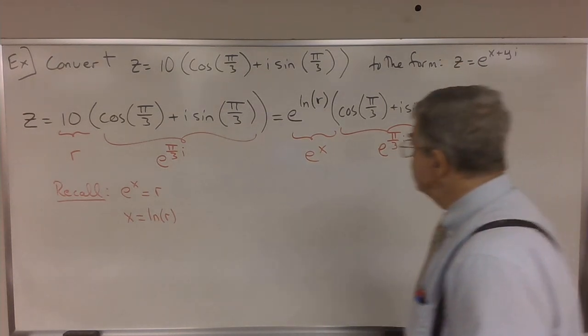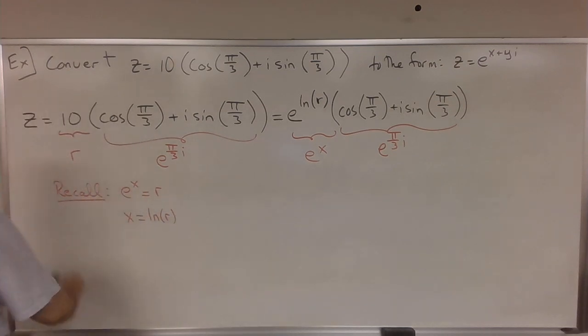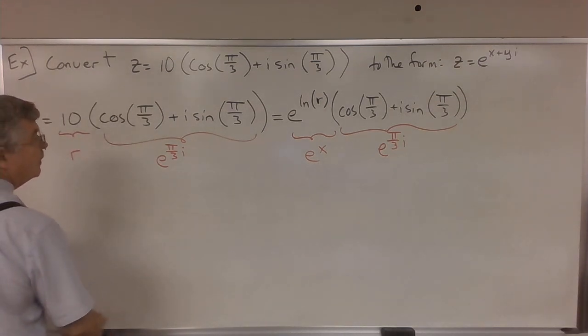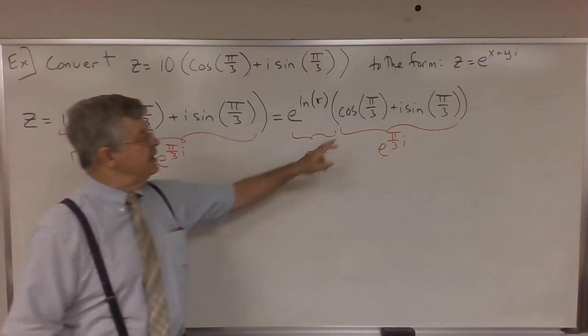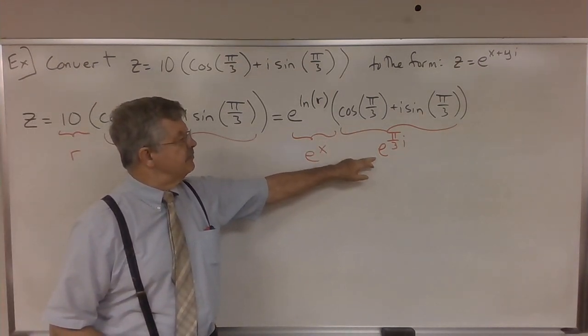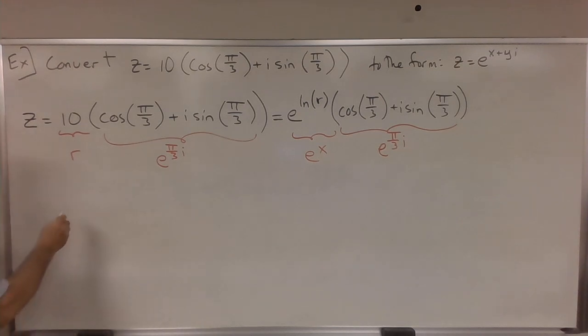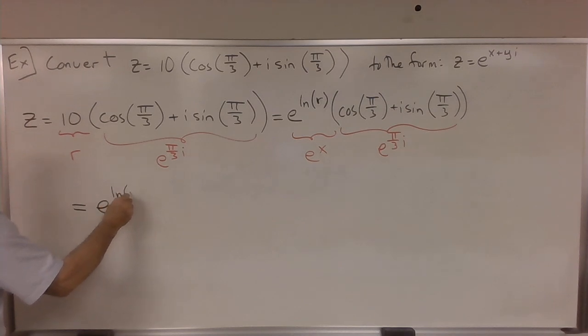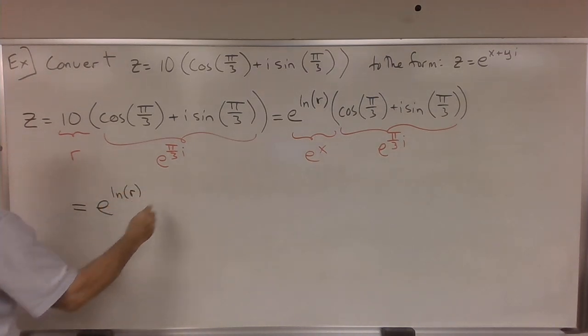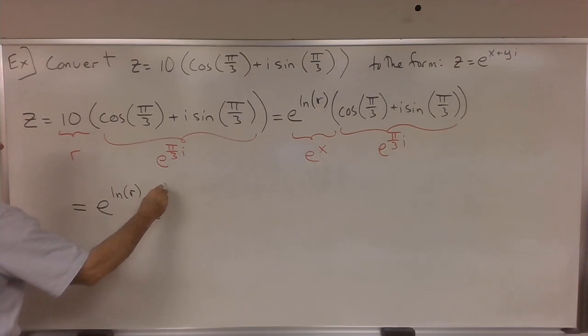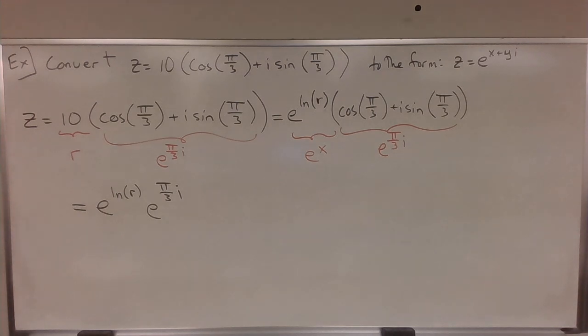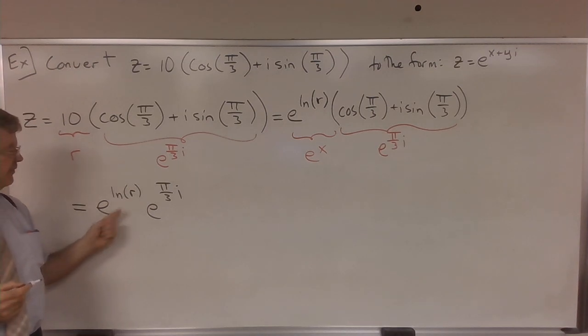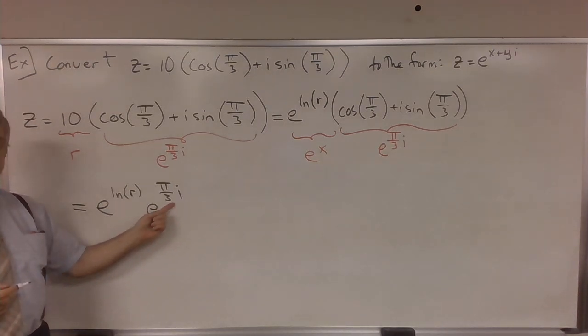I guess now my next step is going to be to rewrite this in exponential form. So we'll have e to the natural log of r times e to the power of pi over 3I, and we have e raised to one power times e raised to another power.